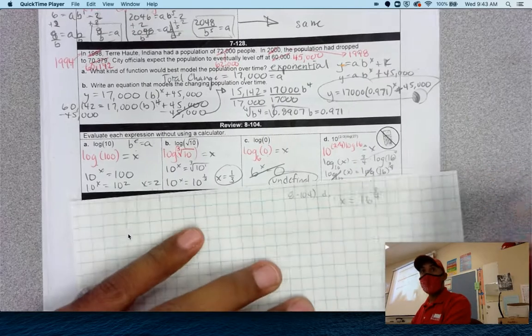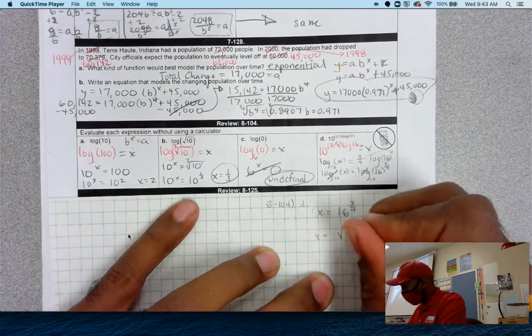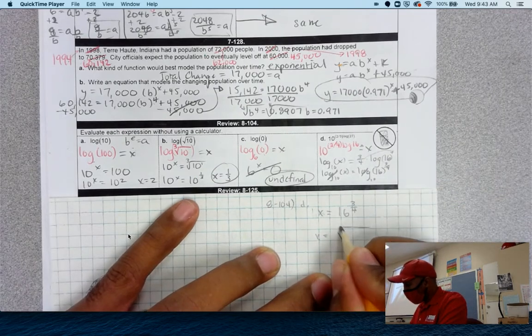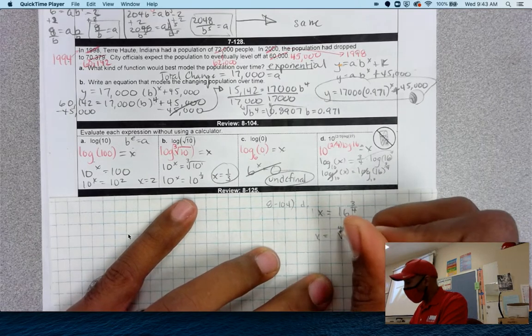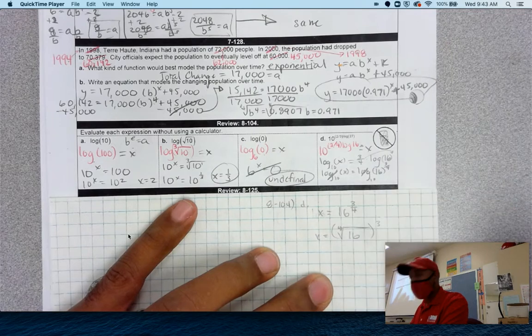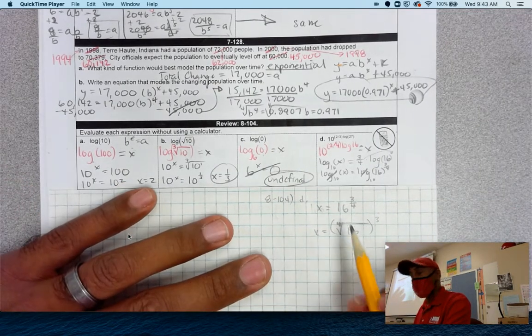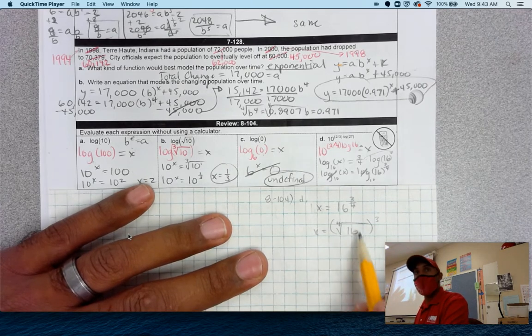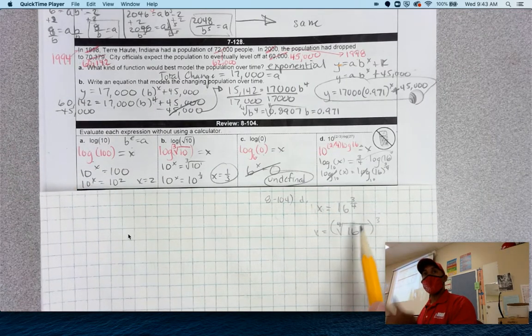Now let's go back into radical form. So x equals, remember that this number becomes the root, and the 16 goes here. You can put the exponent inside, or you can put it outside with parentheses. Either is equivalent. To simplify, I'm going to do the fourth root of 16. In other words, what number do I multiply 4 times to get 16?